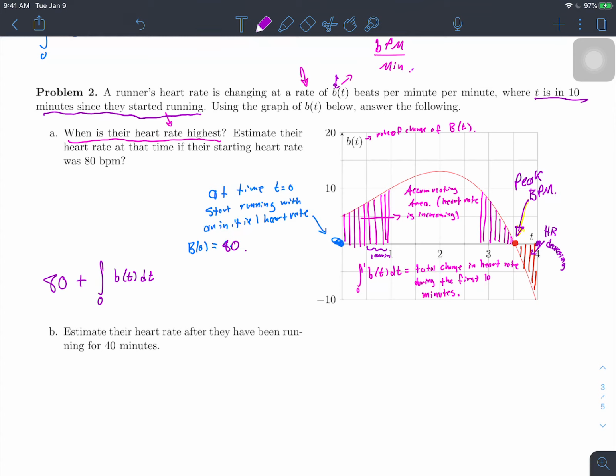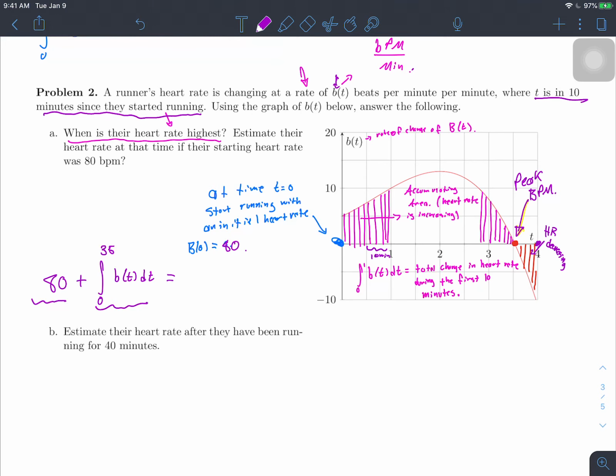So if I go from 0 to 3.5 in terms of 10 minutes since they started running, then I should actually measure the integral from 0 to 35 of b of t dt. So this reads like, take our initial heart rate and then add to that the change in heart rate from time 0 to time 35.